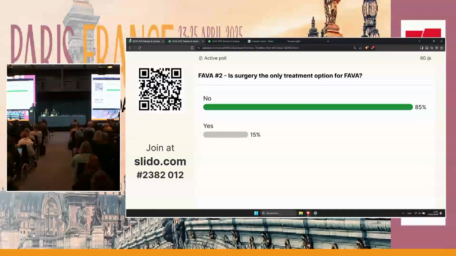One comment is that how you ask the question to the pathologist, you might receive the answer. If you ask, is this a FAVA, we tend to have more responses, yes, it's a FAVA. But when you ask specifically, or you sit with the pathologist looking into these specimens, we have a couple of cases with neural bundles.